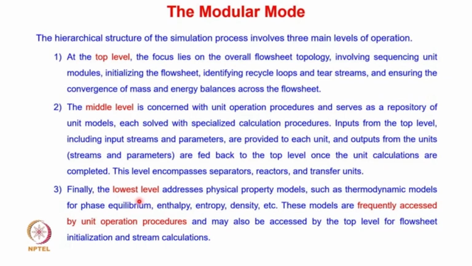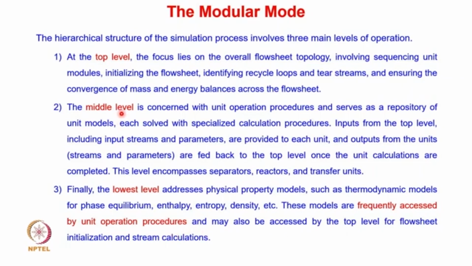Finally, the lowest level is nothing but the physical property models. These include basically thermodynamic models for phase equilibria, enthalpy, entropy, density calculation, etc. These models are frequently accessed by unit operation procedures as well as the top level, isn't it?